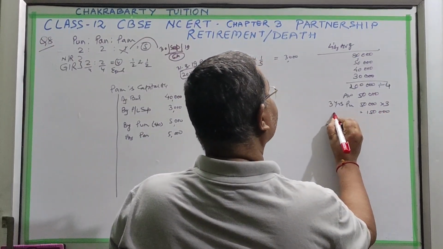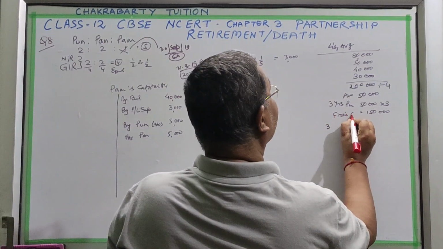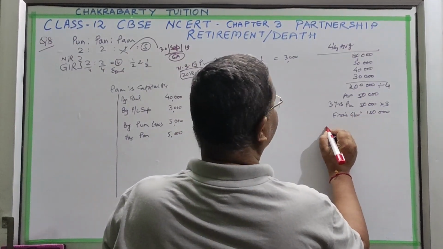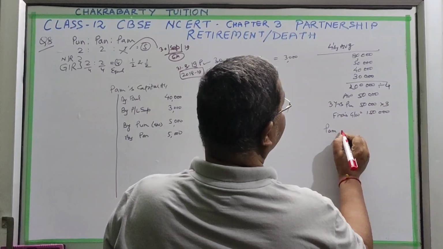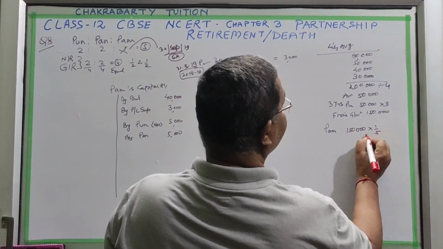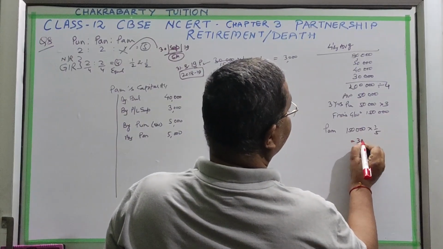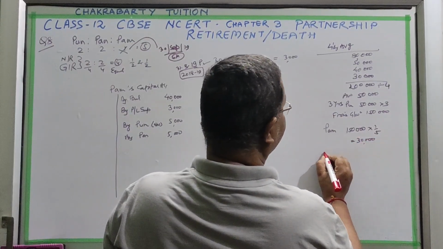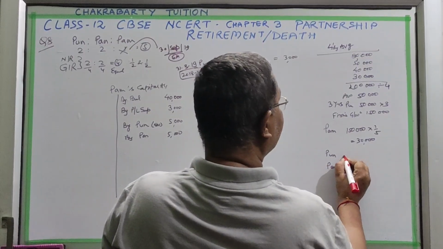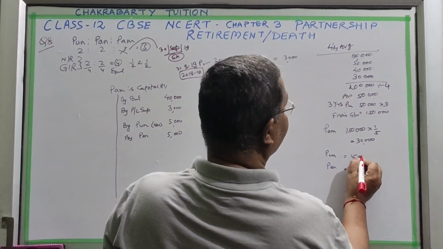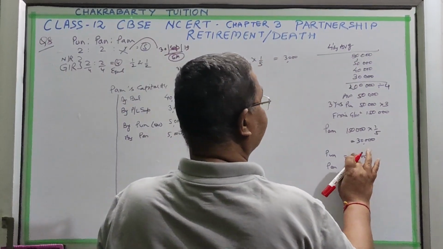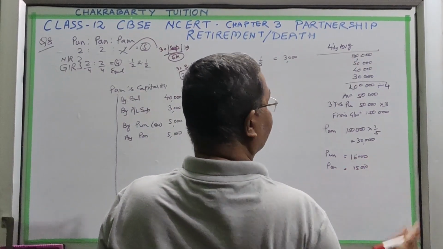This is the firm's goodwill. Out of this, Pammi will get 1,50,000 into 1/5, which means 30,000, and this will be given by Puneet and Pankaj equally, 15,000 and 15,000.